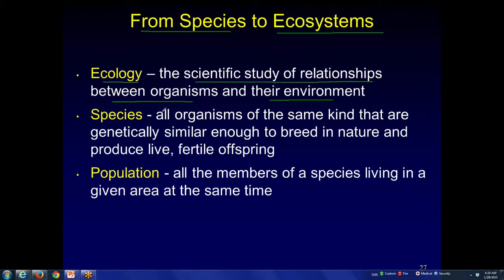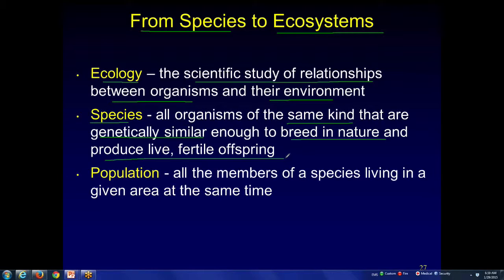Within the study of ecology, we study species, where we look at organisms of the same kind, like, for example, bobcats. They are all genetically similar enough to breed in nature and produce live, fertile offspring. That's the key to a species. In most cases, this definition works, that the species would be organisms of the same kind that can mate and produce viable, fertile offspring.